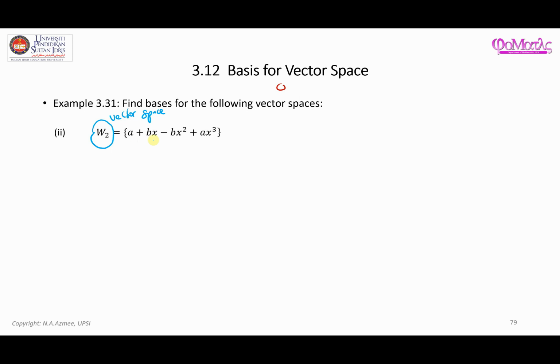Therefore, you can think of examples of vectors that fit the idea of this polynomial given here. Okay, so for example, you need to construct an example of polynomial of degree 3.